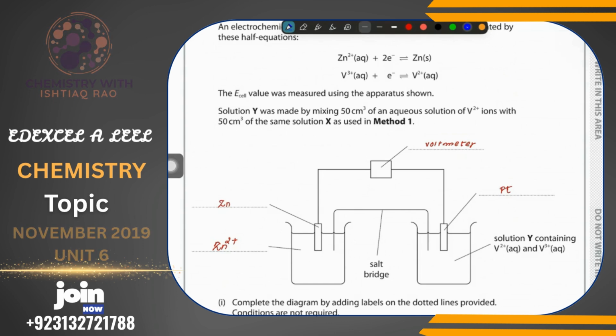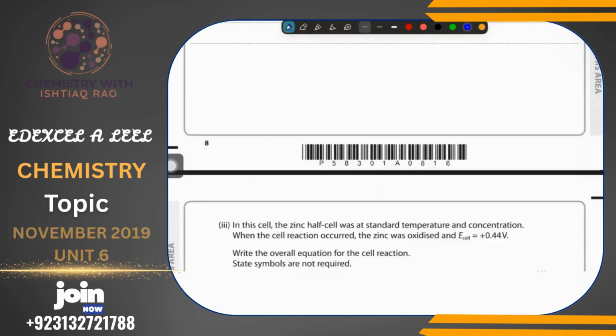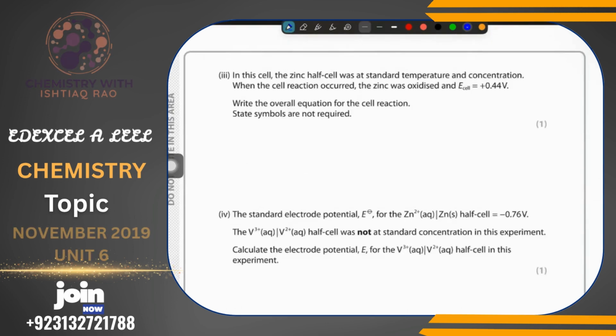Which equation did you flip and why? I flipped the first one, because it's getting reduced, right? Sorry, the first one is getting oxidized in reality, so I flipped it. They are saying the zinc was oxidized, and oxidation is the loss of electrons.